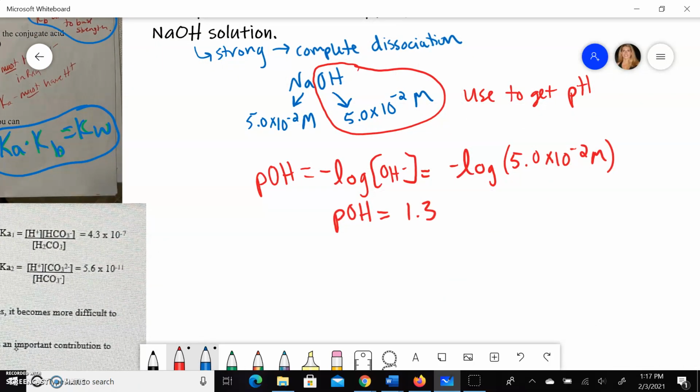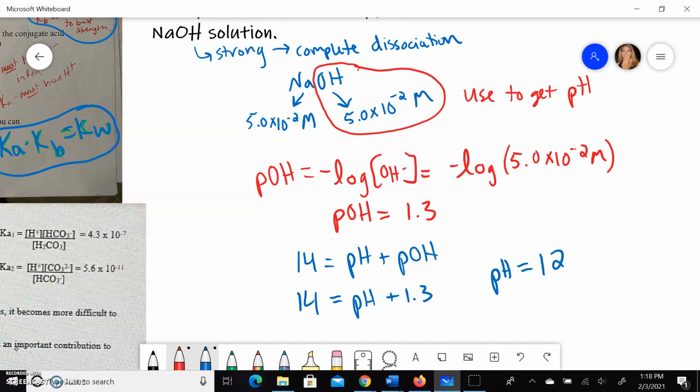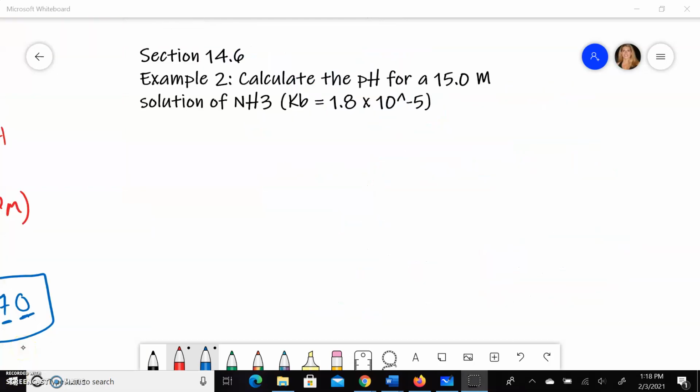So now we can say that 14 is equal to pH plus pOH. So 14 is equal to pH plus 1.3, and pH is equal to 12.7. Let's add a 0 because remember we have 2 sig figs here, and so you need to have 2 decimal places after the pH. All right, let's do one more example with these bases.